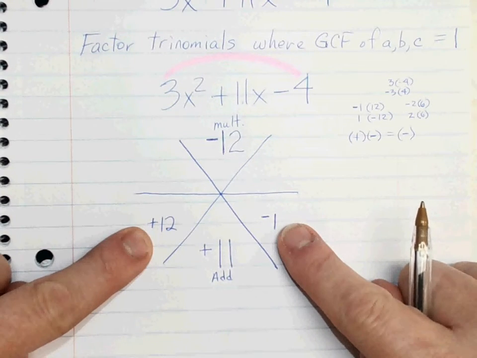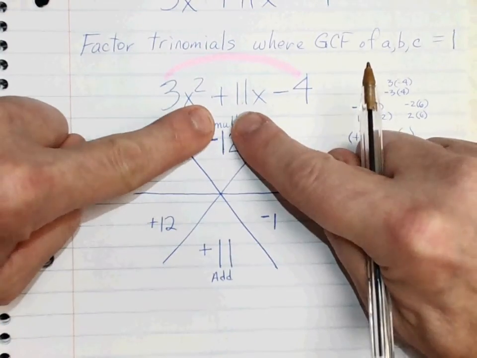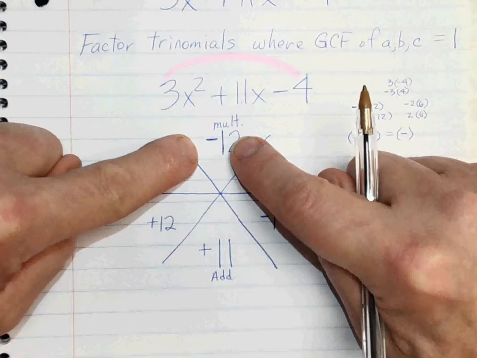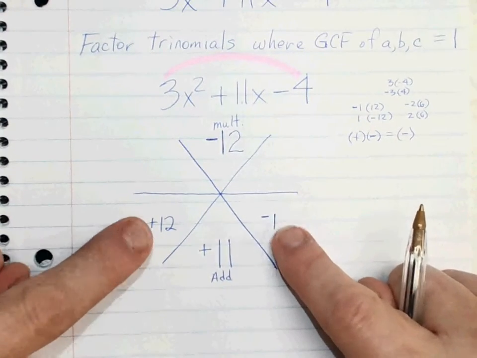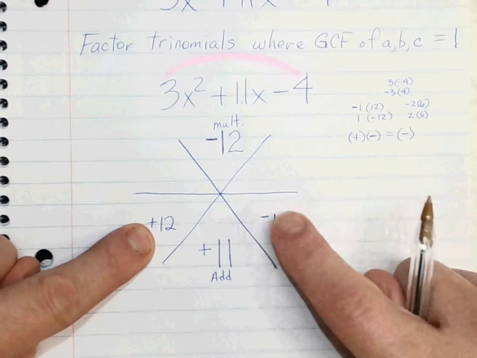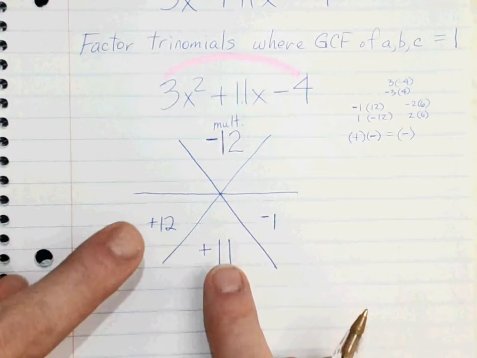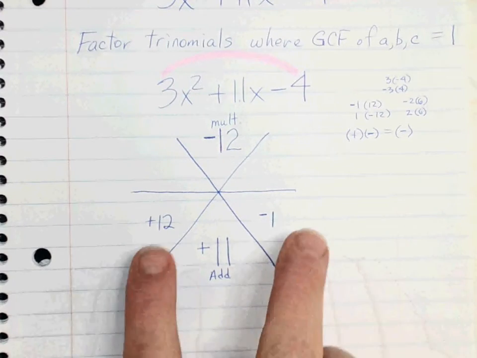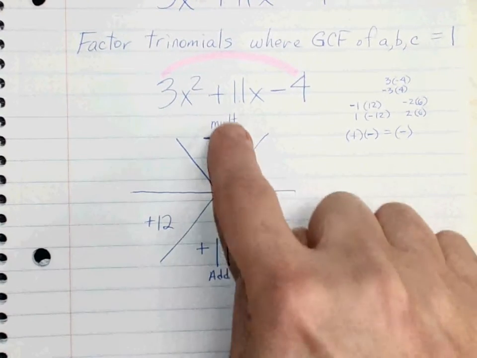Do they fulfill the requirements of multiplying to a negative 12? Positive 12 times a negative 1 is a negative 12. And if I turn around and now add these, if I take 12 minus 1, do I get 11? Yes. Okay. So we found our two numbers that do both of these things.